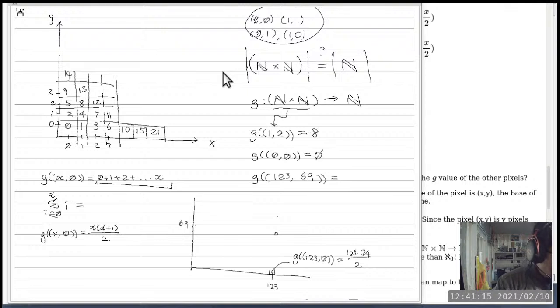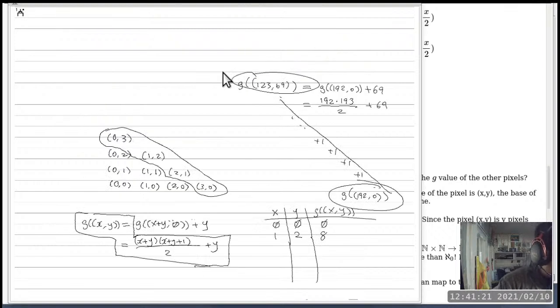Let's try this pixel over here. It is at location 2, 2. So at location 2, 2, we plug in the values again. 2 plus 2 is 4. 2 plus 2 plus 1 is 5. 4 times 5 is 20. 20 divided by 2 is 10. 10 plus 2 is 12. Woohoo! It works.